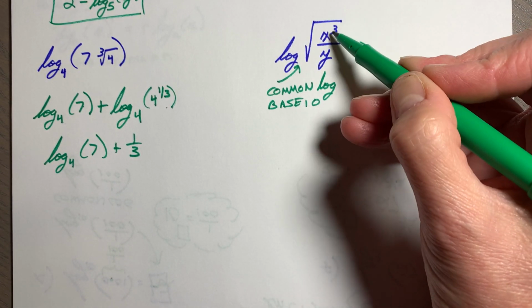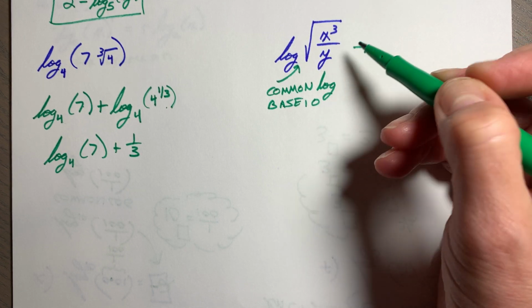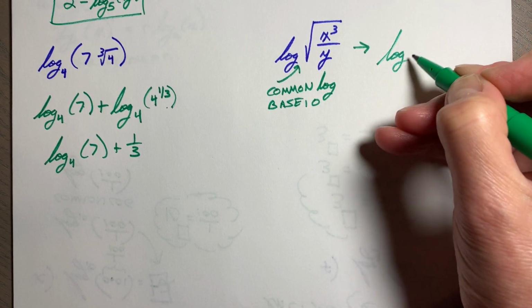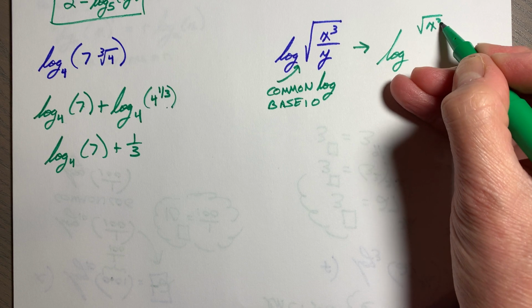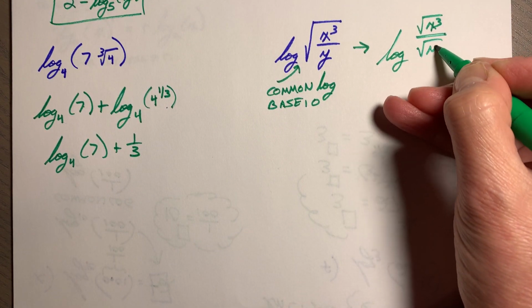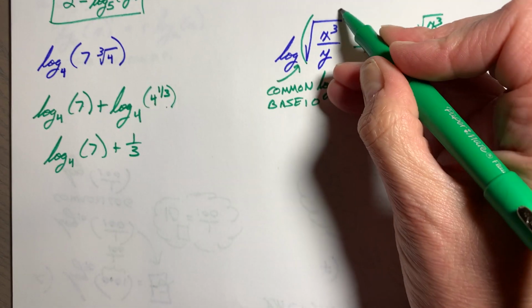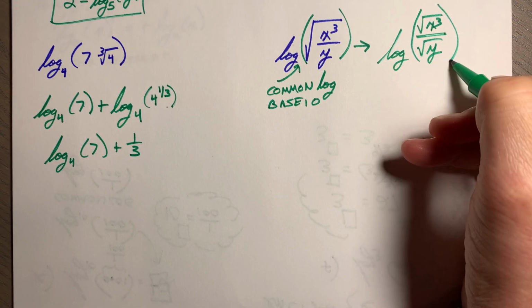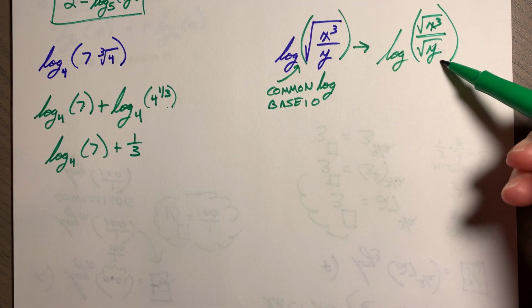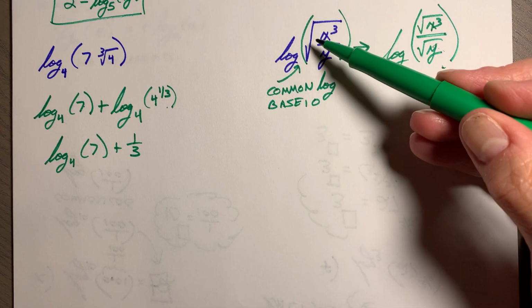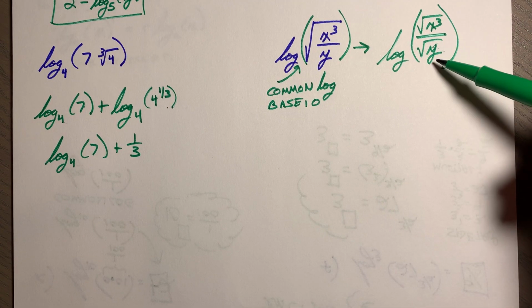If I've got the square root of x cubed over y, that's equivalent to the square root of x cubed over the square root of y. So that is just a rule about quotients inside radicals. We definitely have a quotient. I think it's easier if we just break it up this way from the beginning.